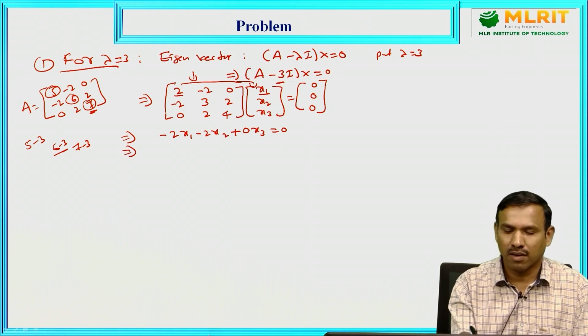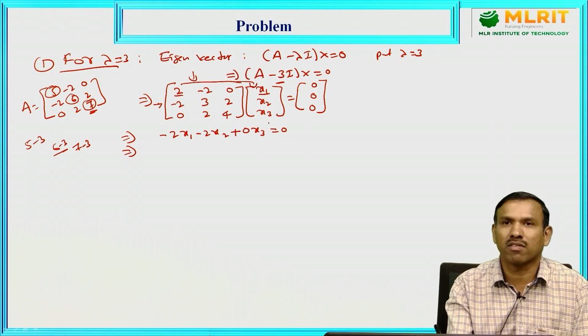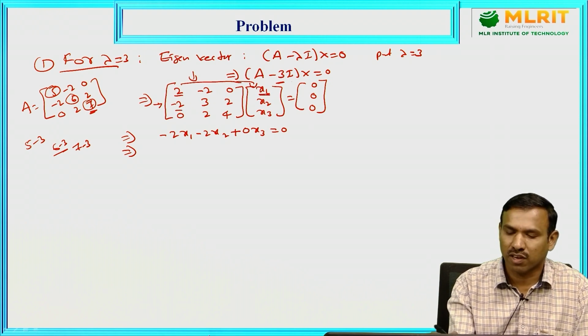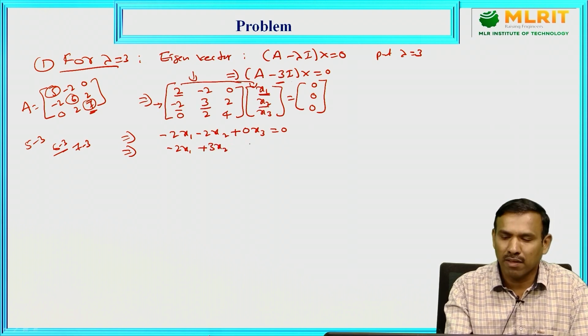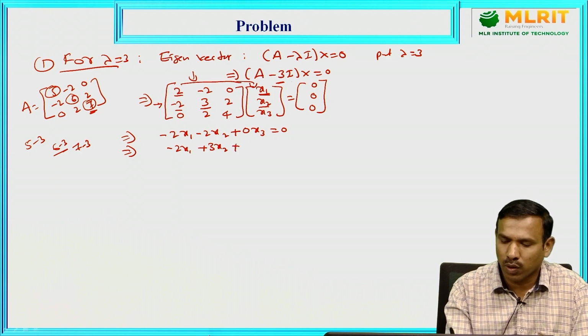Next, the second row multiplied with x1, x2, x3 corresponding elements: minus 2 x1, plus 3 x2, row versus column, plus 2 x3.